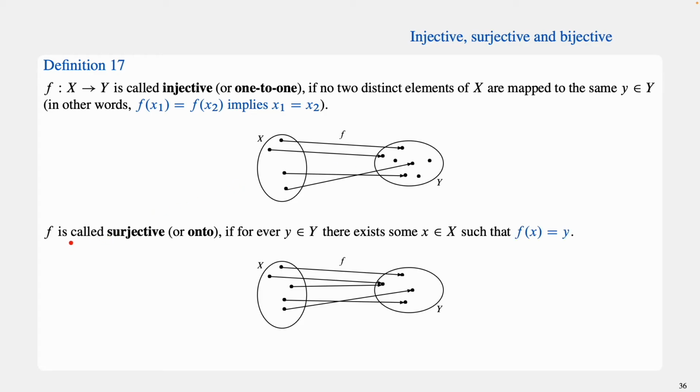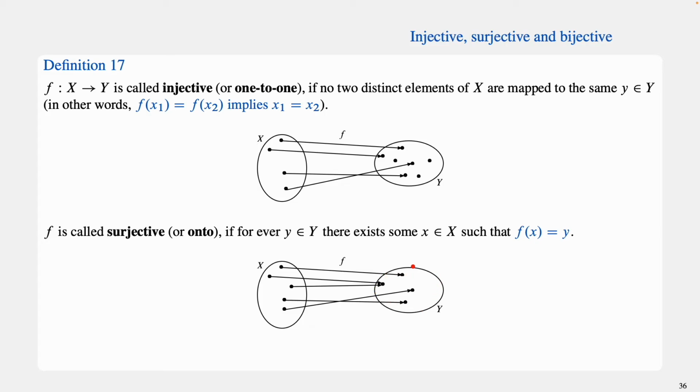The next property: f is called surjective, or onto, if for every element y in the codomain big Y, there exists some input value x in the domain that gets mapped to y by our map f. So this is the situation here.